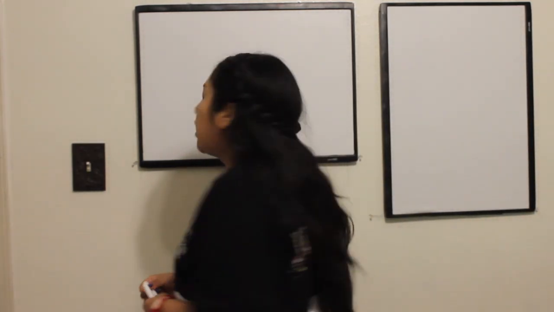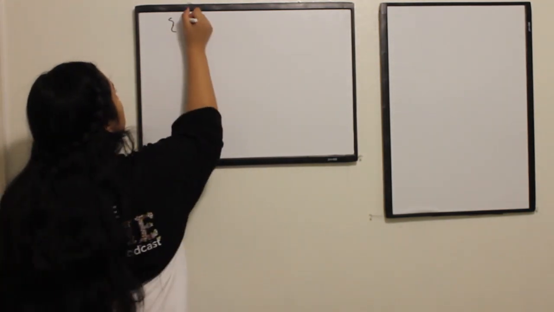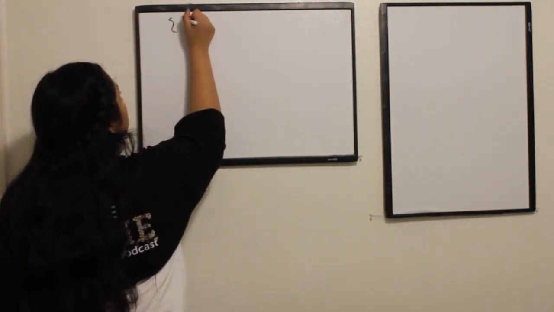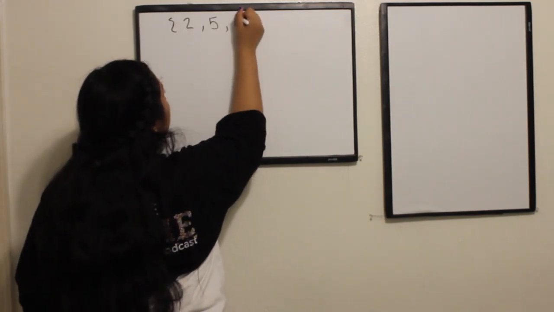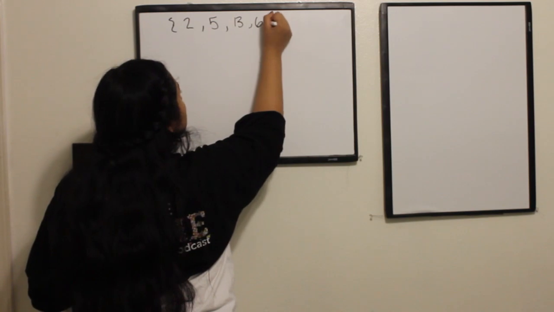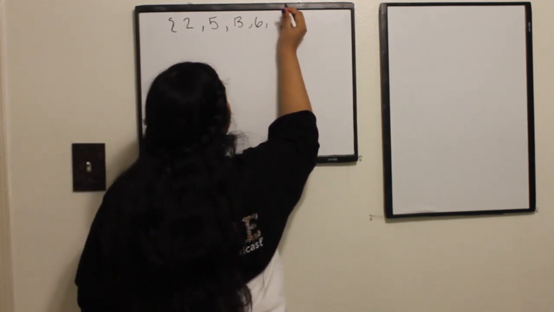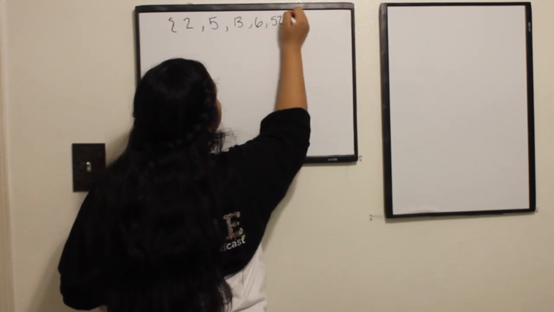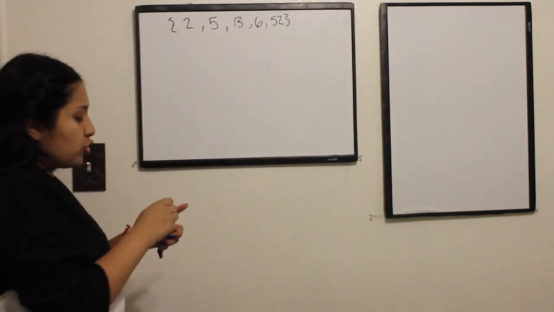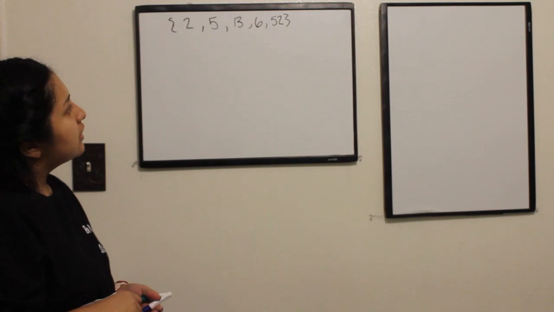Okay, so I'm just going to go ahead and create random numbers. I will do 2, 5, 13, 6, and 52. So that is going to be our set for this example.